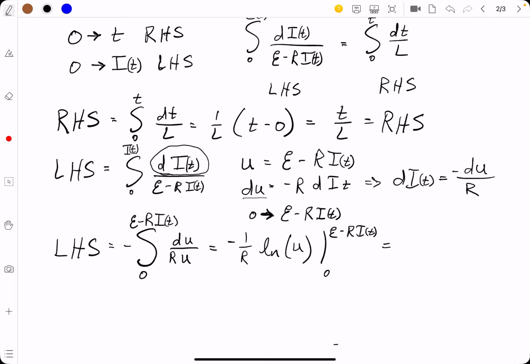Okay, so I've got minus 1 over r, natural log, and then we're just going to substitute in our stuff. You know what, I did it wrong. This is not 0.